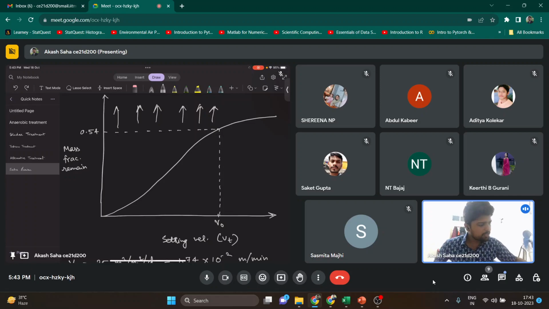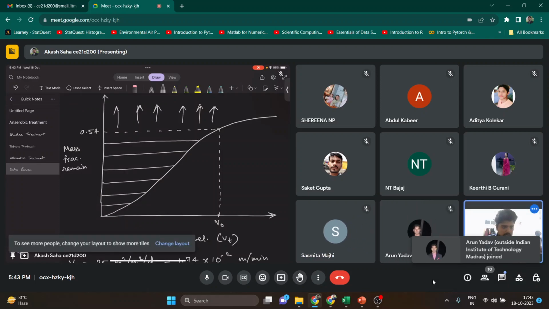We will make some small strips. Okay, so I've divided this area into small strips.